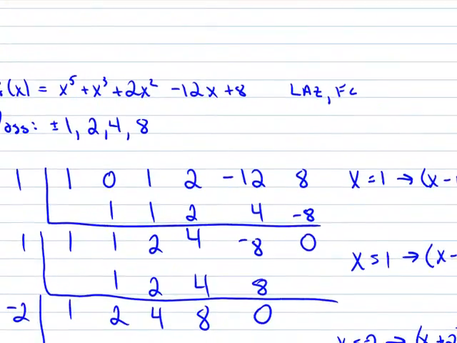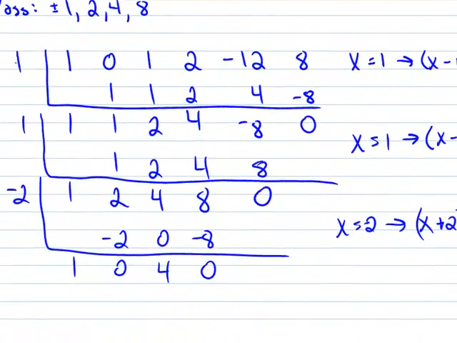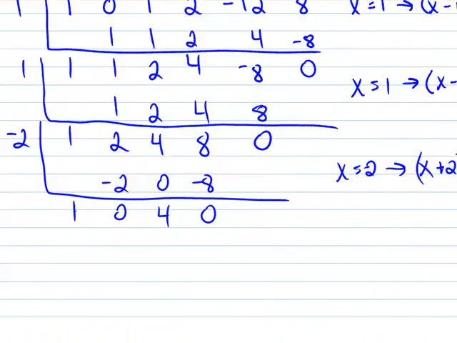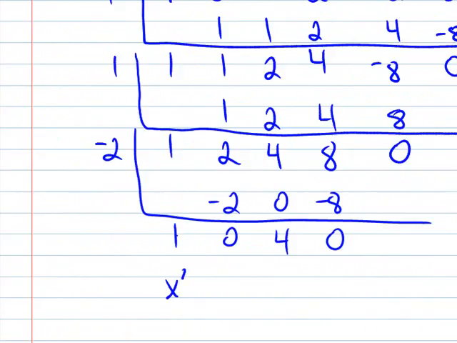Okay, so we started with a 5th degree. This got us down to a 4th degree. This got us to a 3rd degree. This is the quadratic, so we can stop synthetic division, unless you are really into it. And we are left with x squared plus 0x plus 4, which is just x squared plus 4.